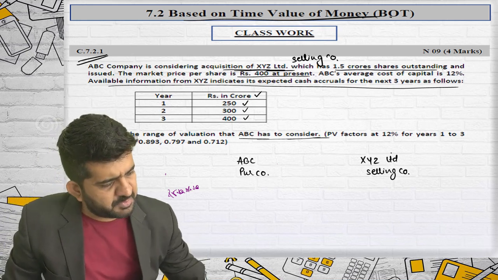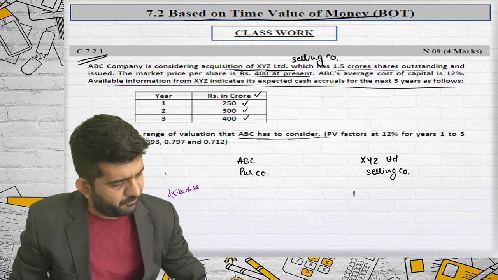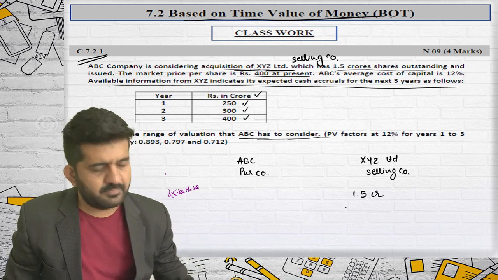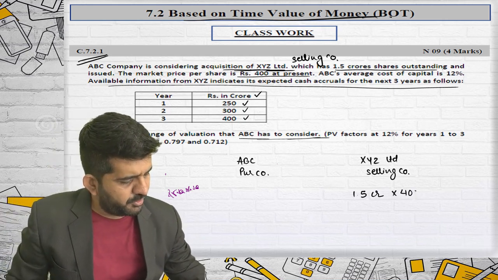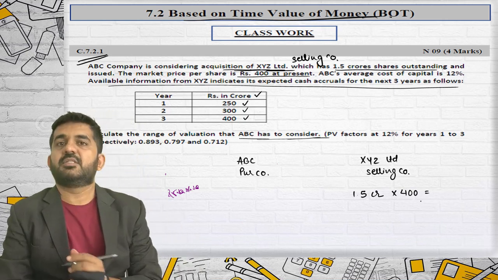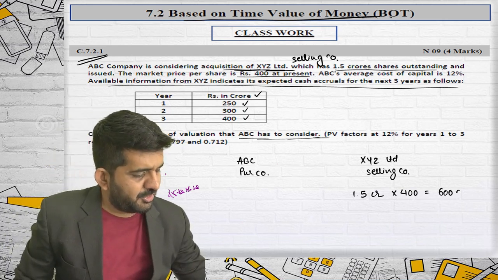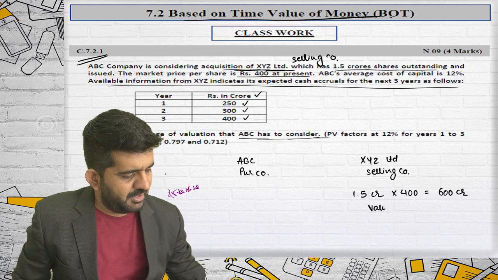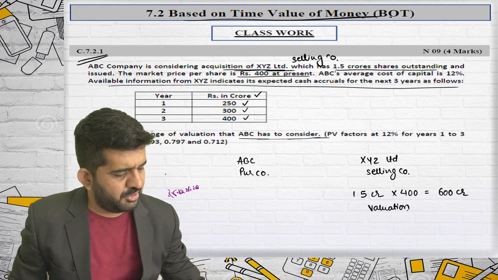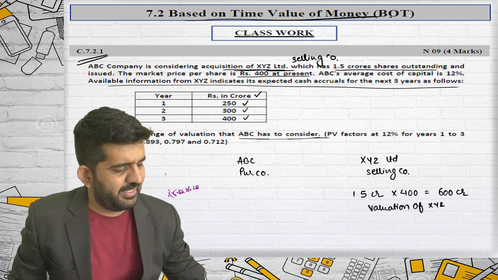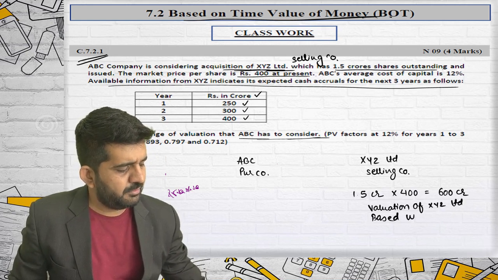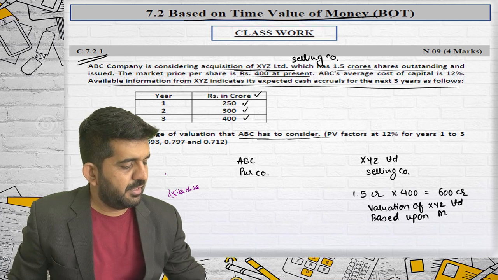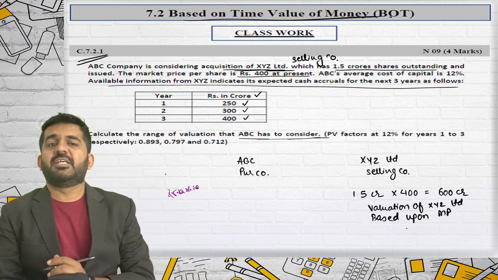How many number of shares are there in the selling company? 1.5 crore shares. What is the market price of the share? 400. 600 crore is nothing but a valuation of XYZ Limited based upon market price.